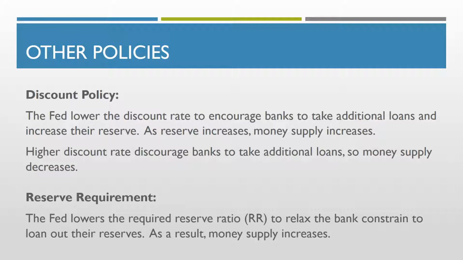When banks loan out more money, the money supply again will increase. However, when the Fed is trying to raise the required reserve ratio, the banks will feel the pressure that they have to keep a higher level of reserve in the bank vaults in order to meet the regulations.